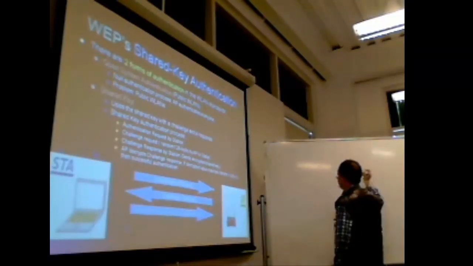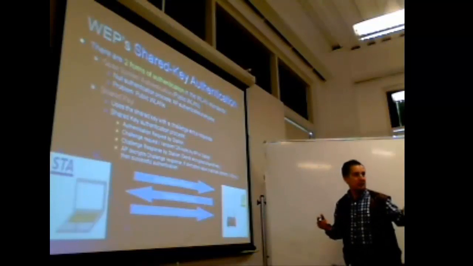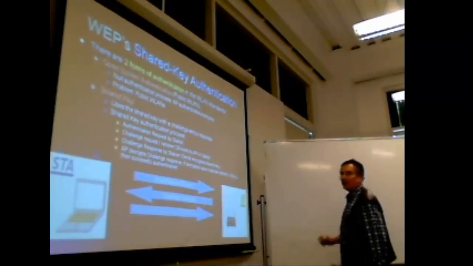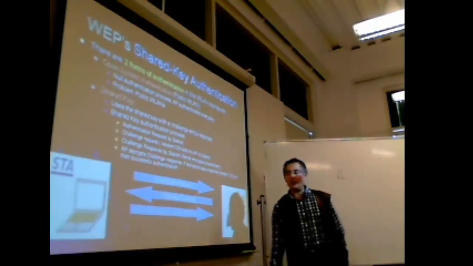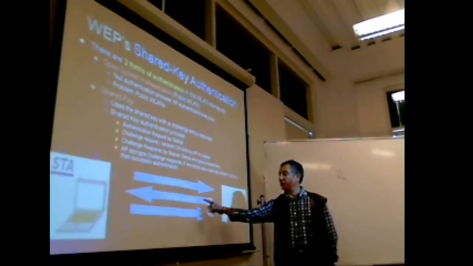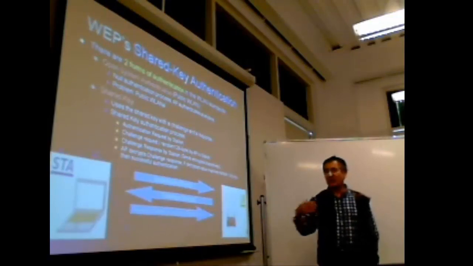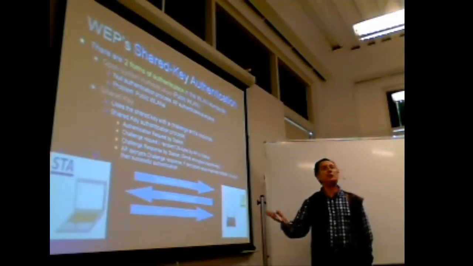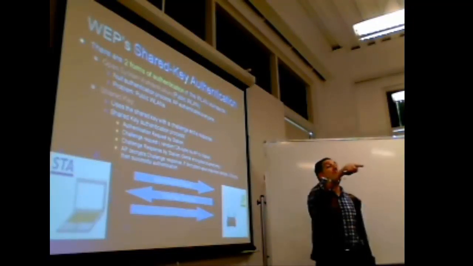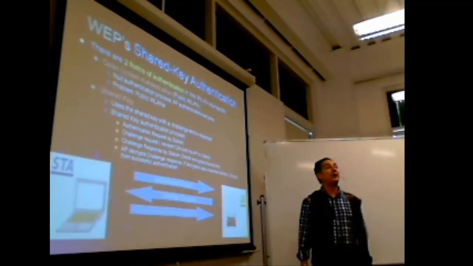This guy is sending me a random number challenge, right? I'm going to say that is the random number R. And I'm saying that this random number is going to be encrypted with the shared key. Did I mention any algorithm? Which encryption algorithm are we using in WEP?